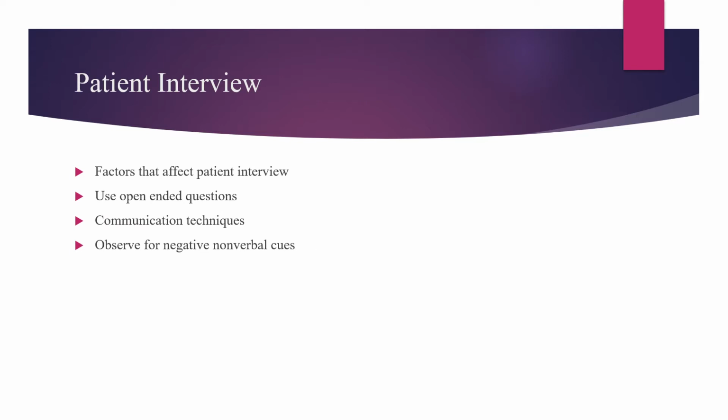During the patient interview, the nurse needs to be aware again of factors that might affect the interview. Make sure that you're in a private area. Consider who's going to be the best source for the information that you're collecting. Of course, we hope that it's the patient, but if the patient is in severe pain, if the patient is maybe challenged in some facet, then they may not be the best source for data.